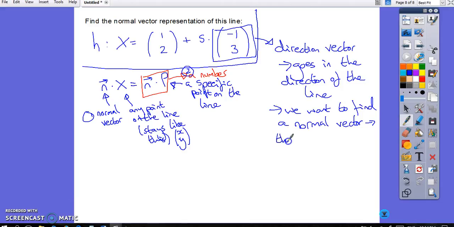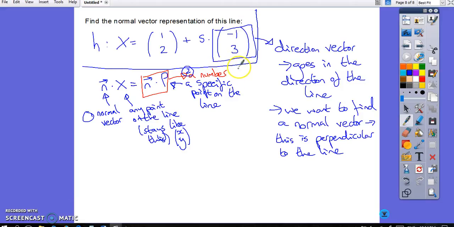So this vector is perpendicular to the line. So if we find a vector that's perpendicular to this direction vector, it's automatically a normal vector for the line.